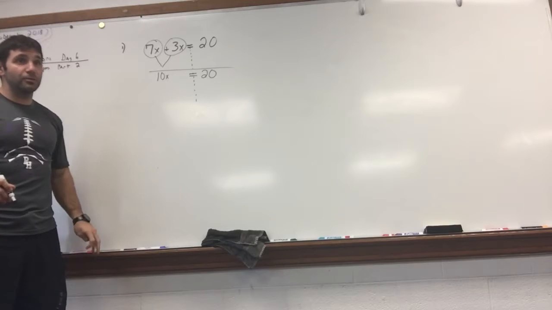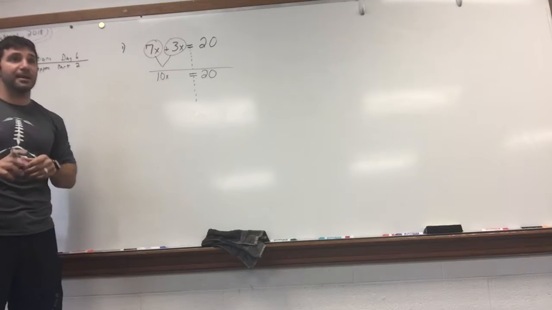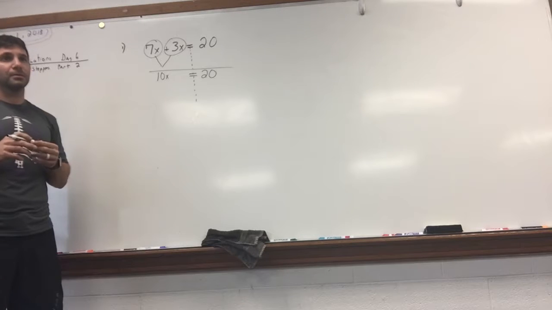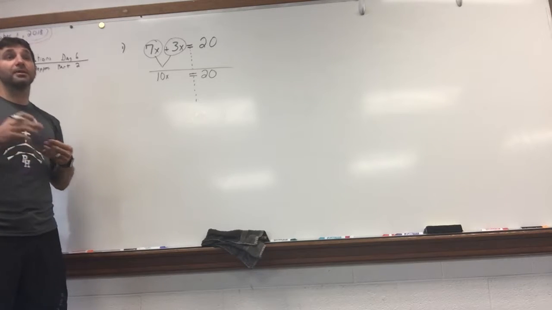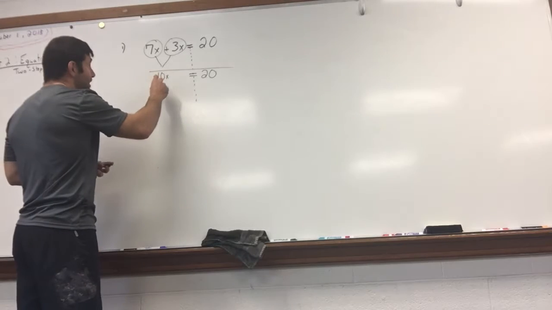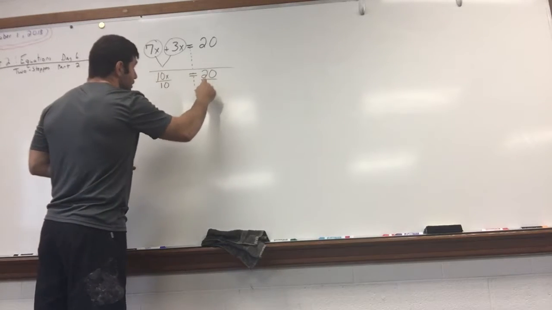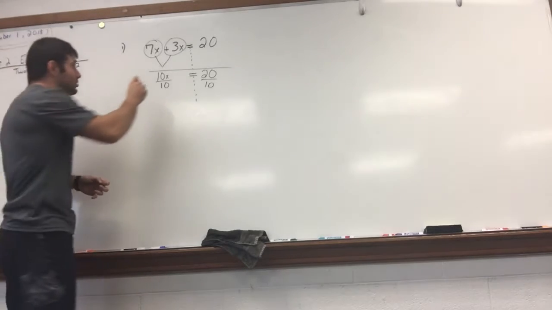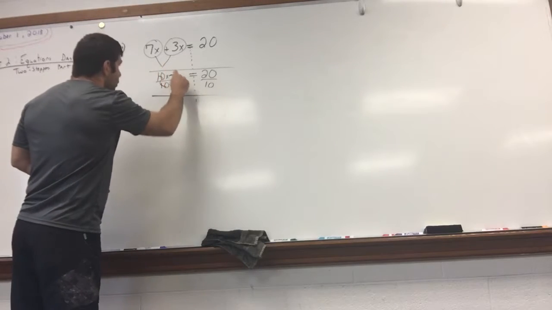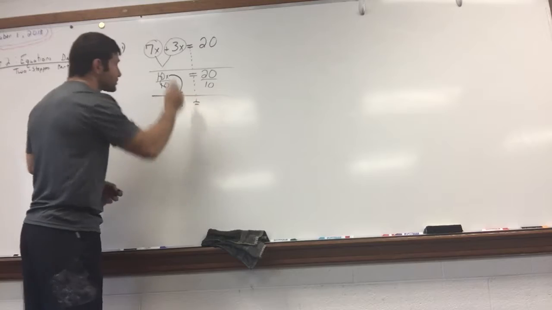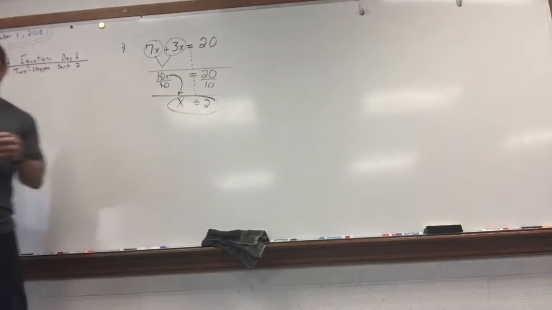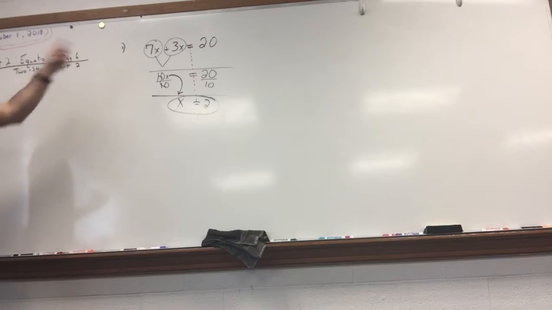What do I have to do, the inverse of 10 times x? If it's multiplied, you divide. 10 times x, the inverse is division. If I divide on this side, I'm dividing on this side. 10 divided by 10 is 1. 1x. 20 divided by 10 is 2. How can we make sure that this works?